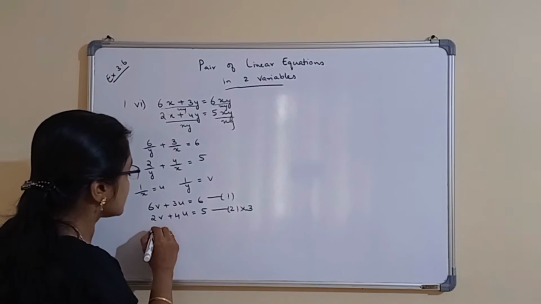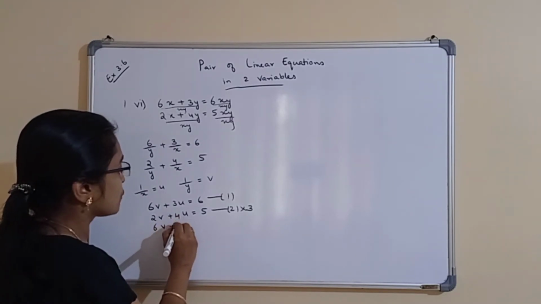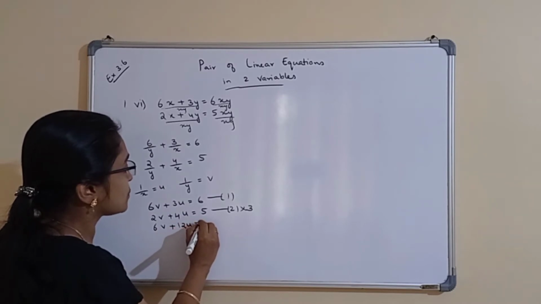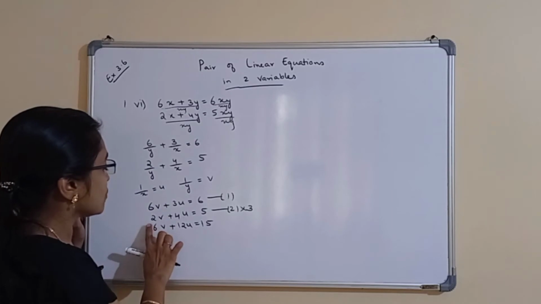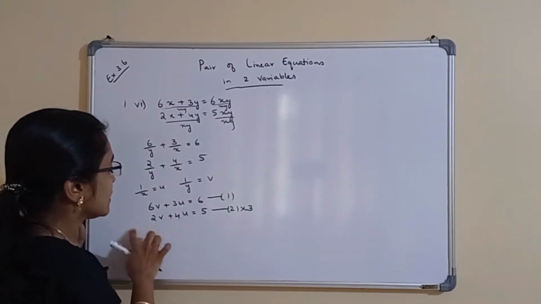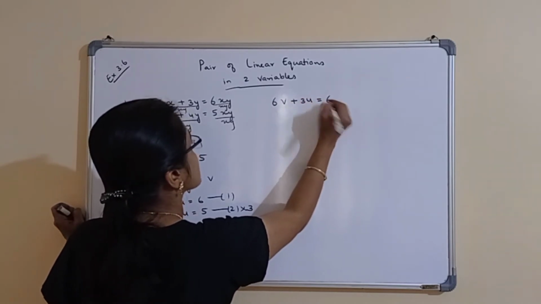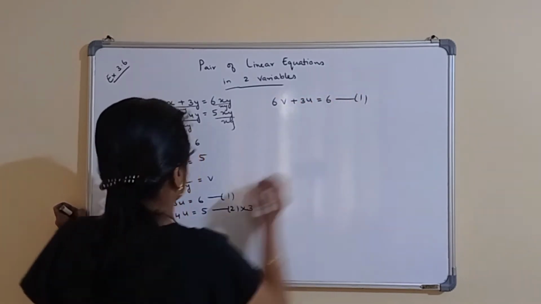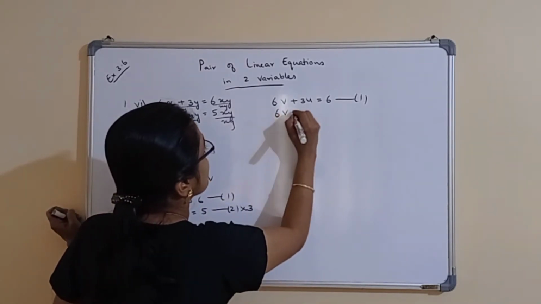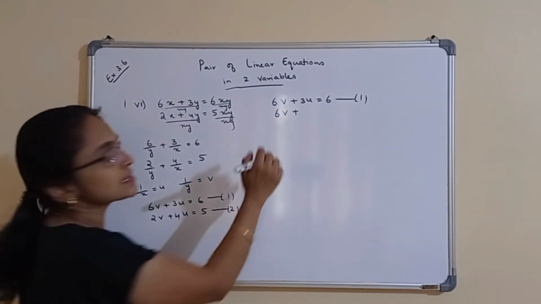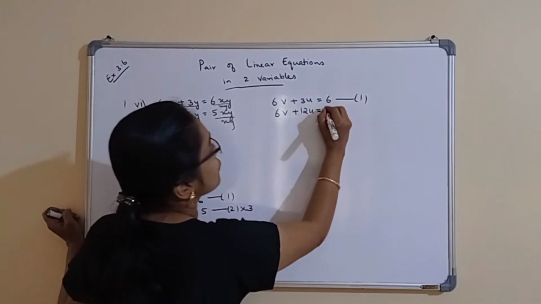So we will get this as 6v plus 12u is equal to 15, right? So we can write this here, 6v plus 3u is equal to 6, and when we multiply this by 3 we will get 6v plus 4 into 3 is 12. So 12u is equal to 5 into 3, 15.